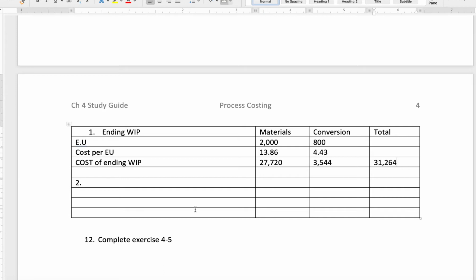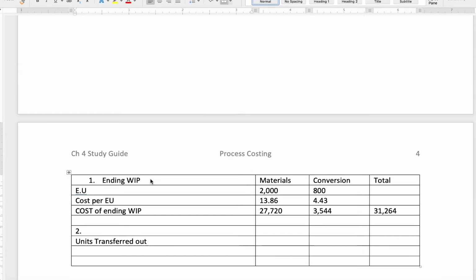Part two of this problem wants me to calculate the cost of units that were transferred out. That's easy. First thing I need to know is, what are the units transferred out? These units went to the next department in the process.